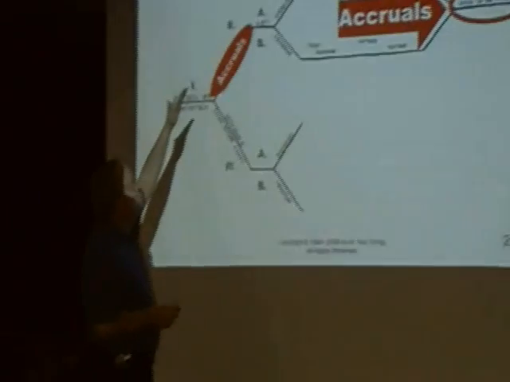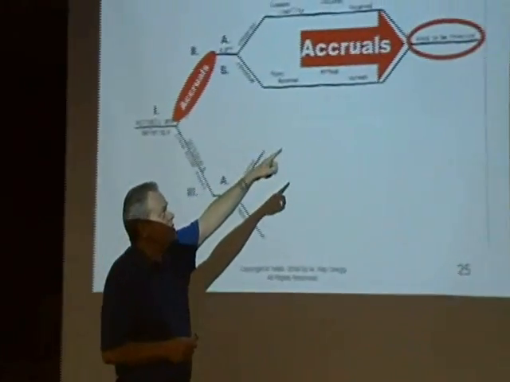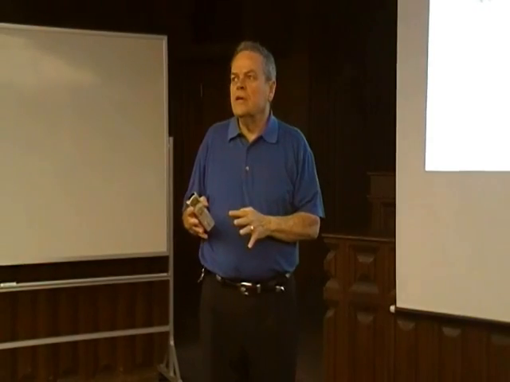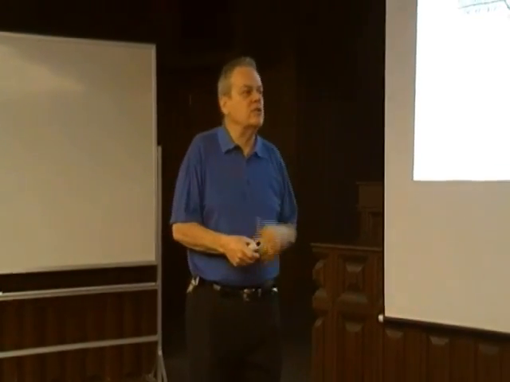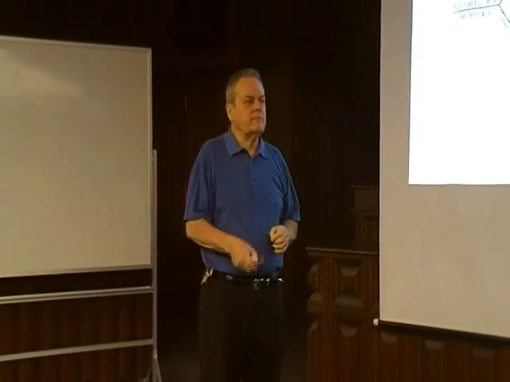The decision tree mentions reversing entries. When you go down the accrual path, whether you're talking about expenses or revenue, it reaches the conclusion all accruals need to be reversed. It's a good tool for you to use this week and on other occasions to sort out what you need to know.